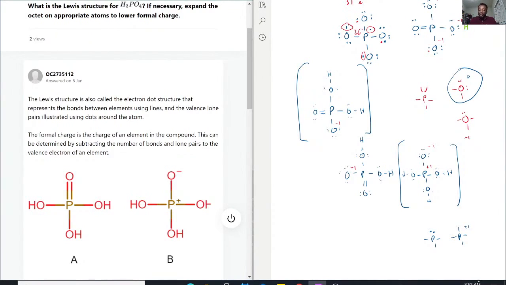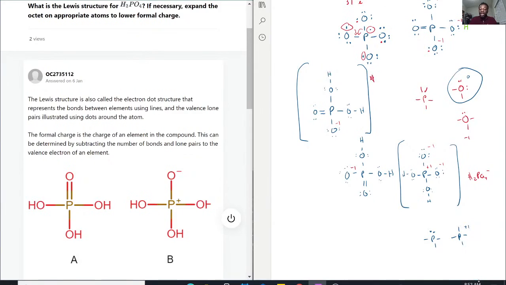In fact, if I went ahead to now try the dihydrogen phosphate, which is what we were solving, the H2PO4, we would actually have it like this, where we'd have a -1 here as well. This still would be in total H2PO4 minus, as we discussed, but this right here is more unstable than the one over here. This is the most stable.